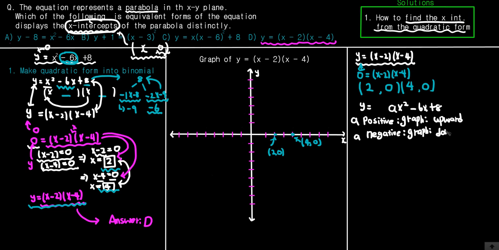These are two cases, but the a value doesn't really affect graphing a parabola, except for affecting the shape of the graph. In this case the x squared coefficient is 1, which is a positive value. So the graph will go upward, which means, as we have learned, in the upward case only a minimum point exists, and a maximum point never exists.